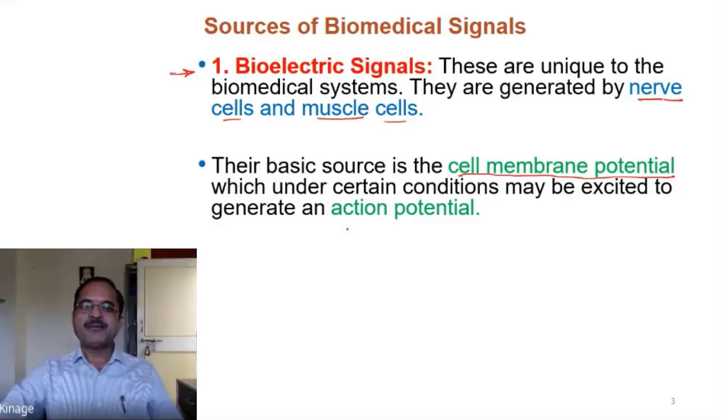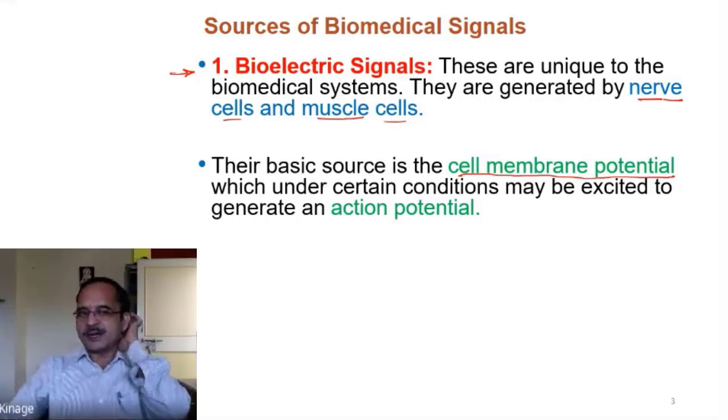That means when these cells are stimulated or perform some action, then corresponding to that action an electrical signal is generated, and that is called the action potential.